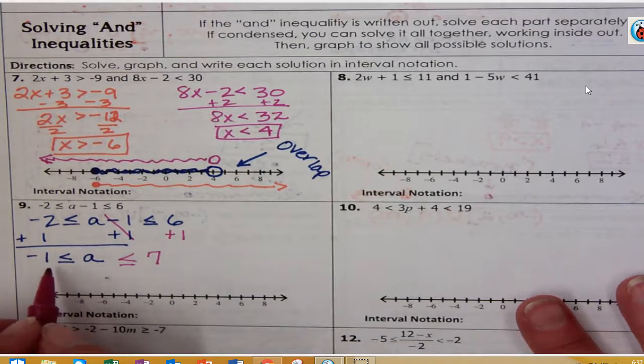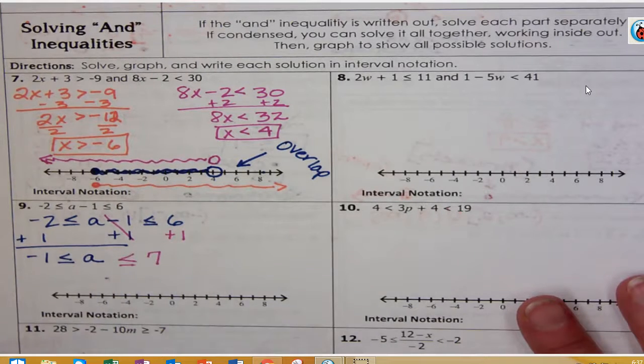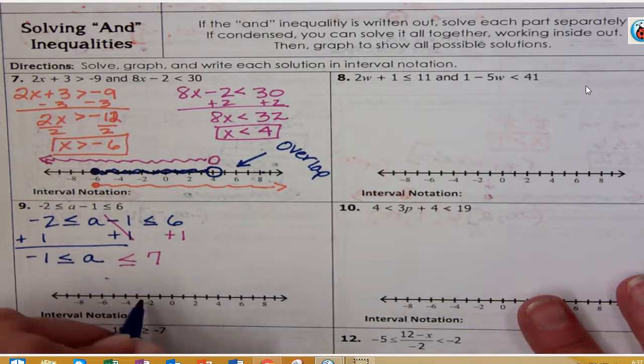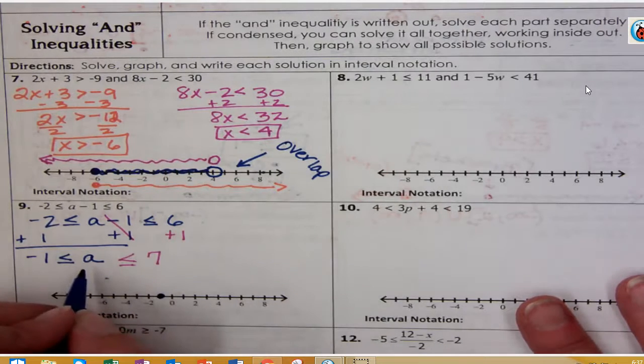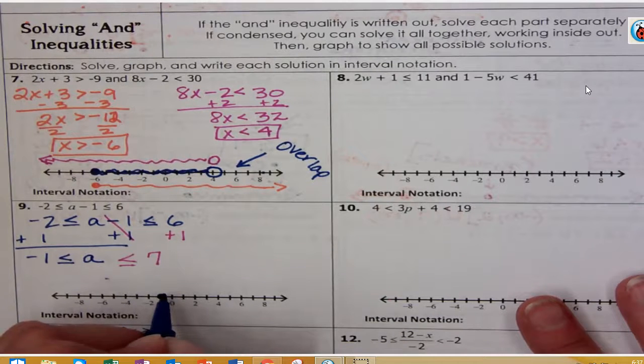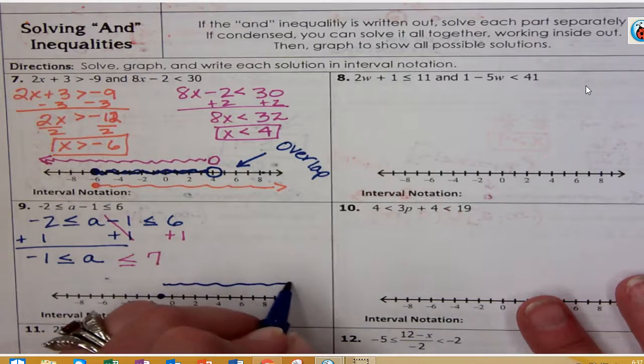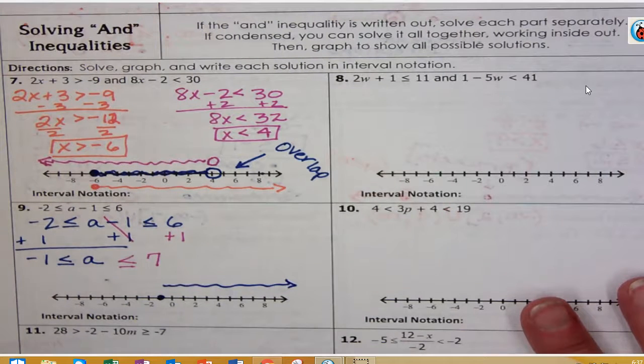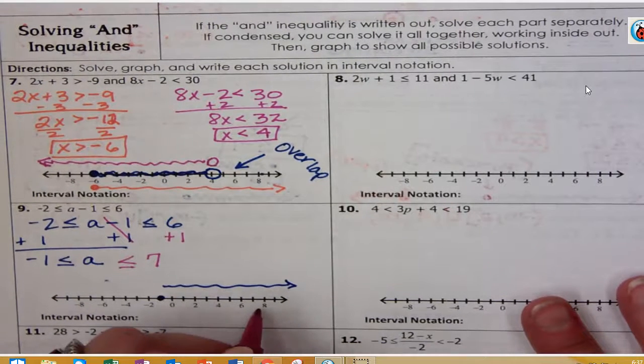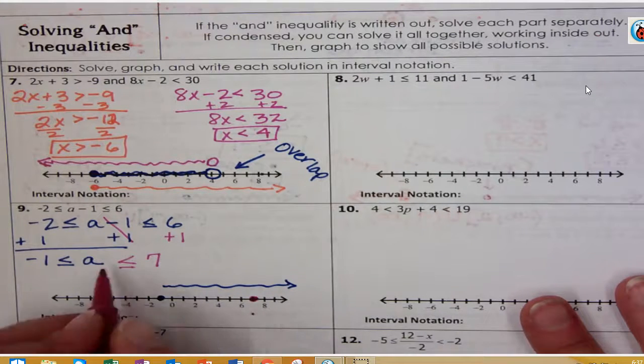If I were to graph this, I would start at -1, and I know it has to be a closed dot, and A has to be greater. And then I'm going to say, okay, but it can't be bigger than 7. And so that's a closed dot, and it's going to go less than.